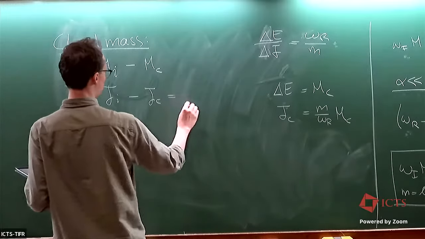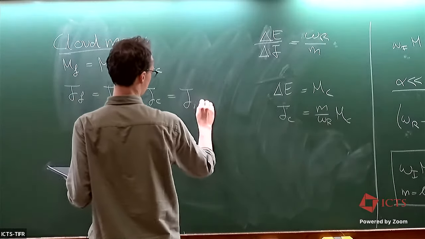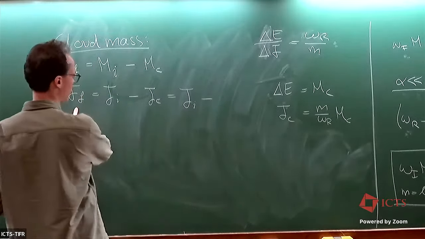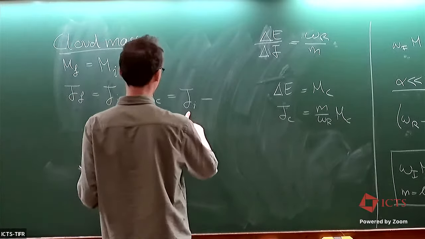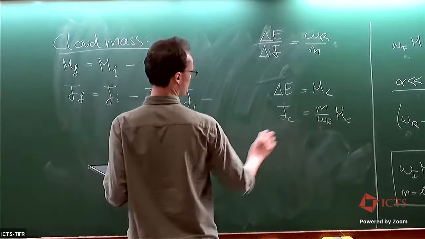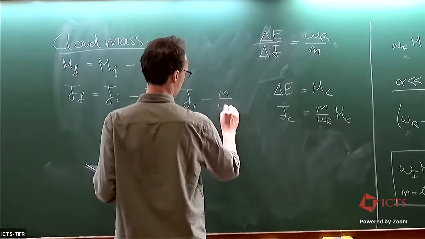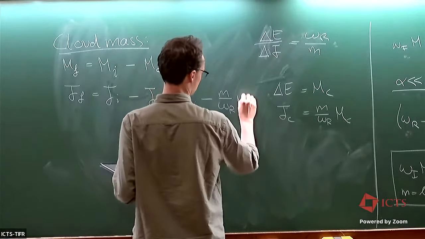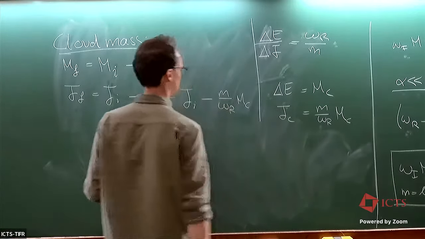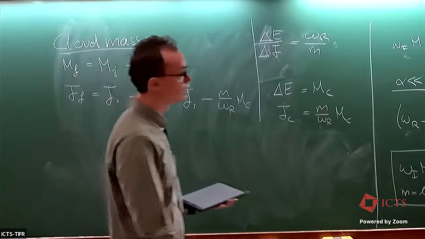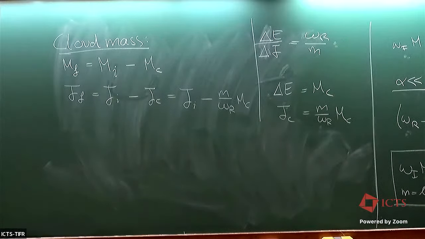And so with that, we can rewrite this as the final angular momentum of the black hole is the initial angular momentum of the black hole minus this. So now what we try to figure out is where does the growth stop.